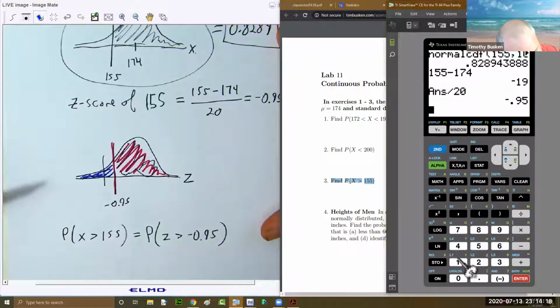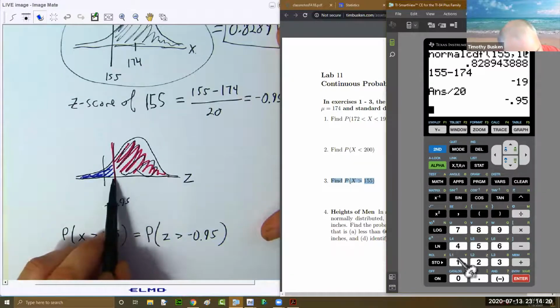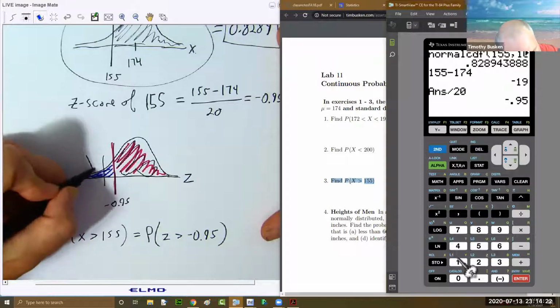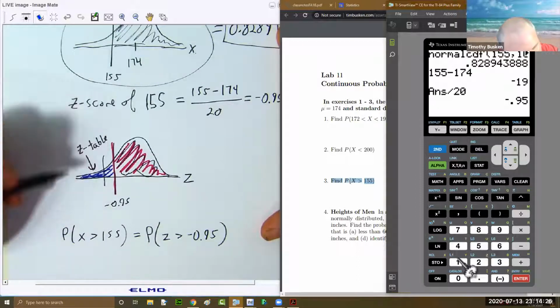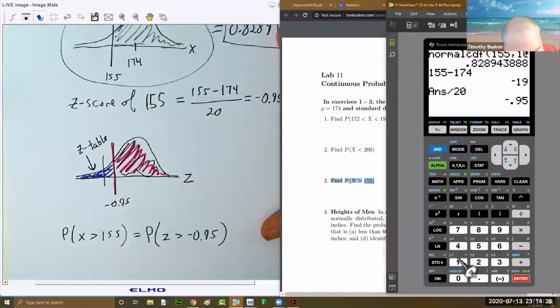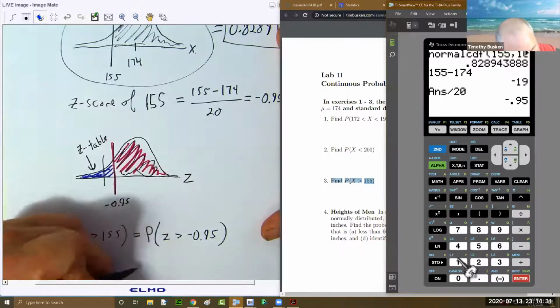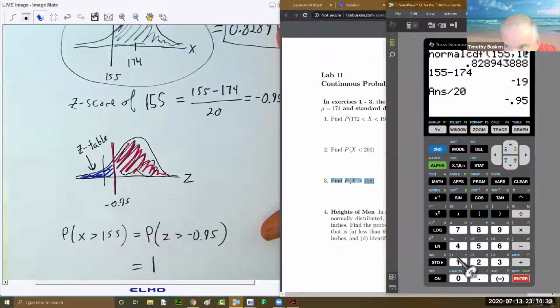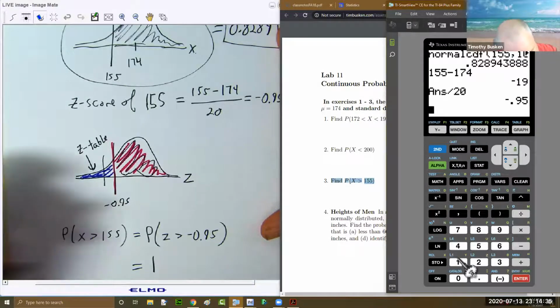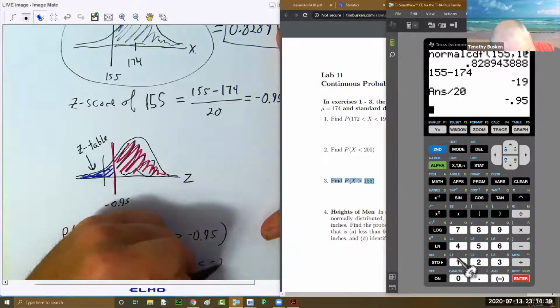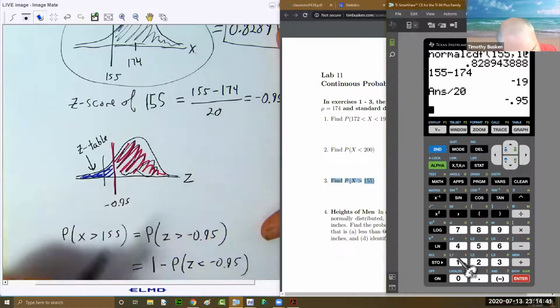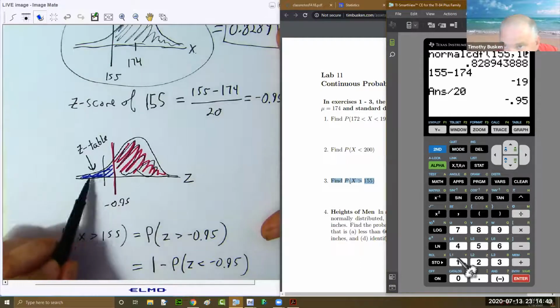So what we're going to have to do is get the blue area, the cumulative area, off the Z table, and then subtract that from 1, the total area. So this is equal to 1 minus the probability that Z is less than negative 0.95. So we're going to take 1 and subtract off this blue area.